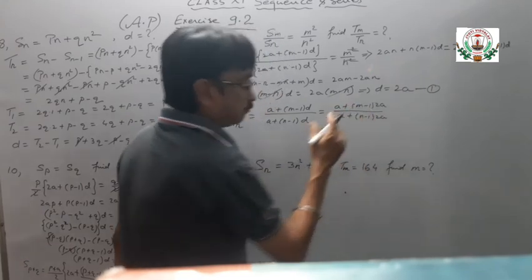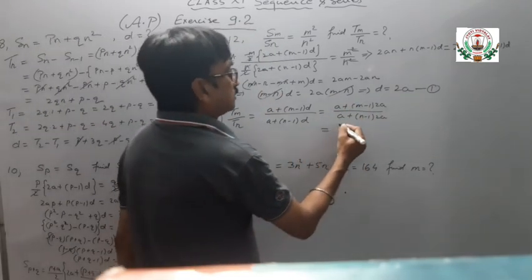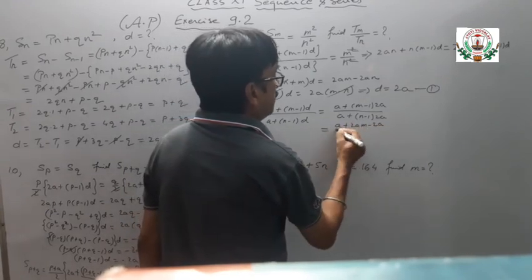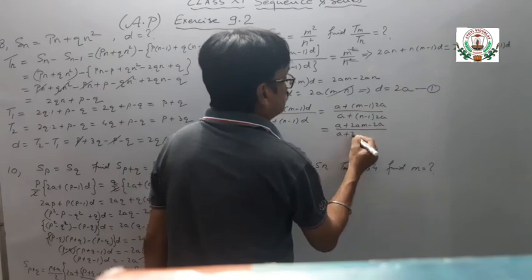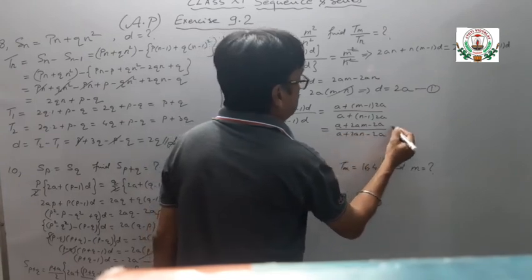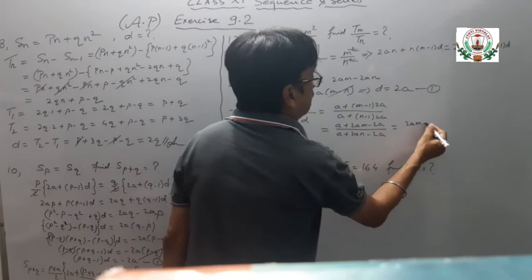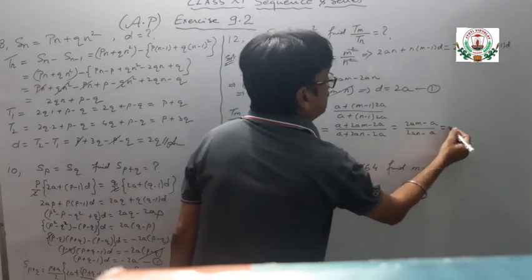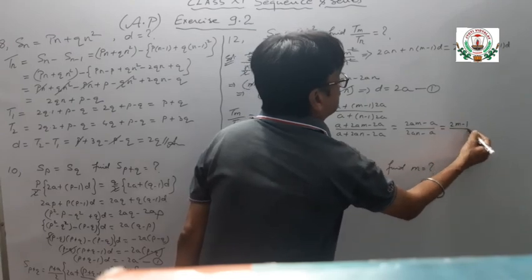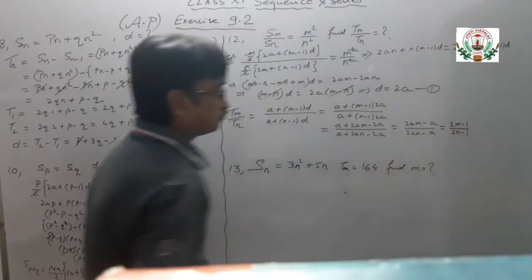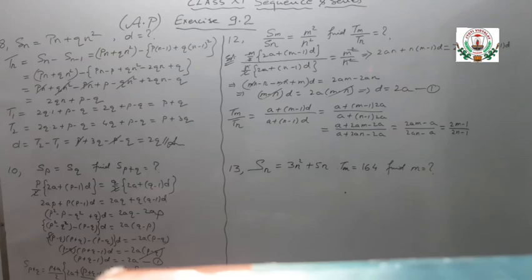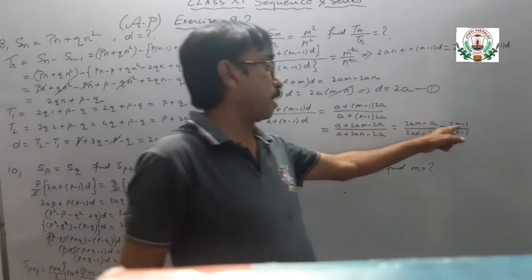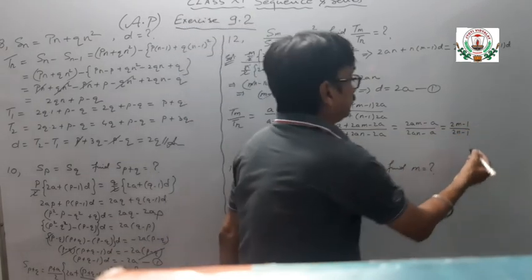Now simplify this further: a plus 2am minus 2a upon a plus 2an minus 2a. So 2am minus a and 2an minus a, take common and cancel, we get 2m minus 1 is to 2n minus 1. So the ratio of their mth and nth term will be 2m minus 1 is to 2n minus 1.